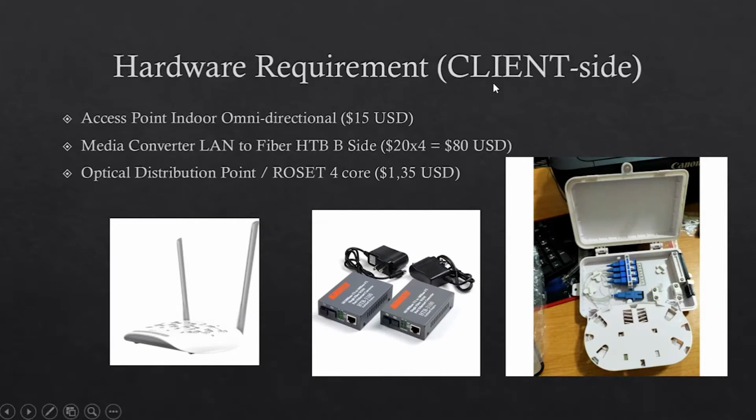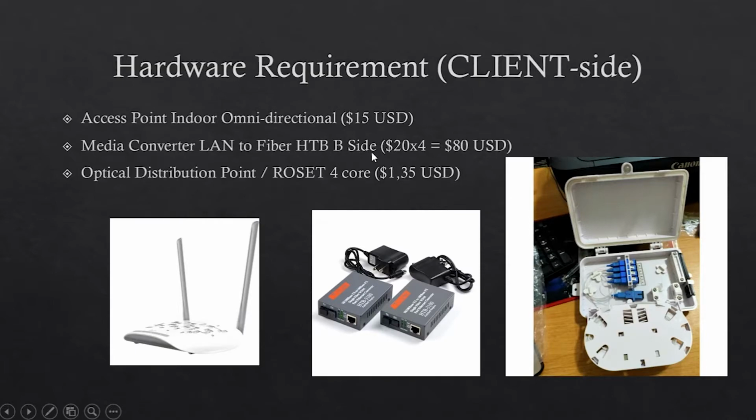So next slide is the client side. On this client side, you just need a few network hardware, right? There are three network hardware. You need one indoor access point that radiates 360 omnidirectional, and you also must have a media converter, LAN to fiber, HDB B-side, right?